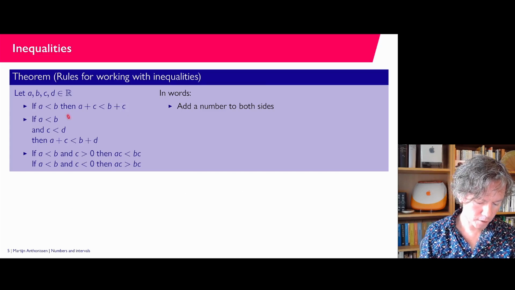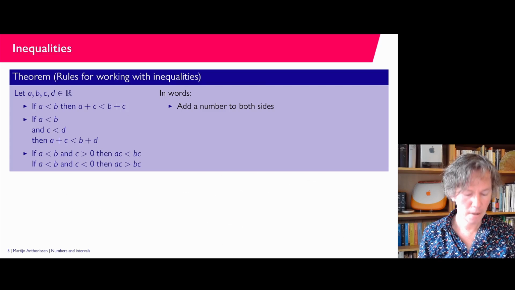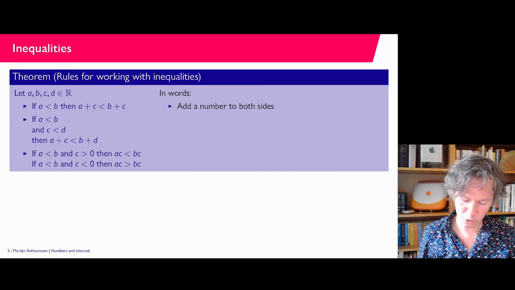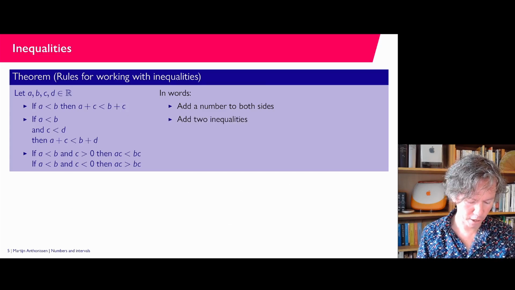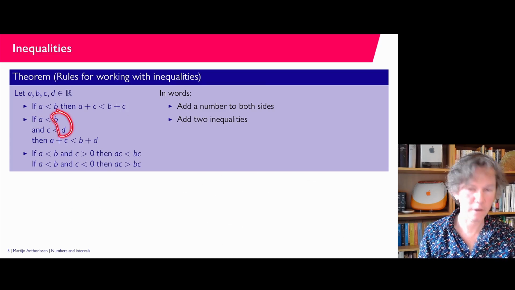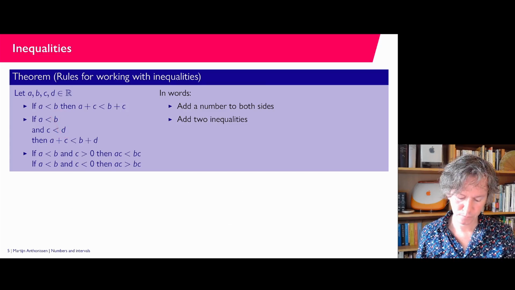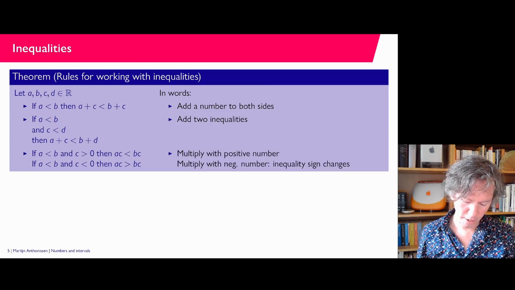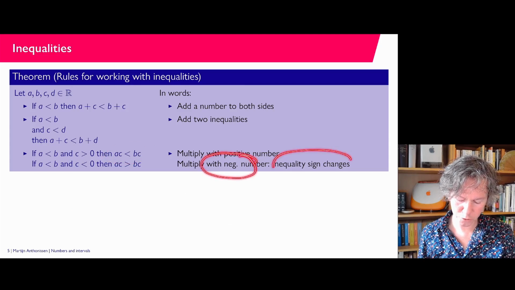Then if A is less than B and C is less than D, then you can add the inequalities together. So that's what it says in black. Then we have that a plus c, so the left sides together, is less than the sum of the right sides, b plus d. And then finally, if you have an inequality, you can multiply it with a positive number. If you multiply with a negative number, the inequality sign changes.